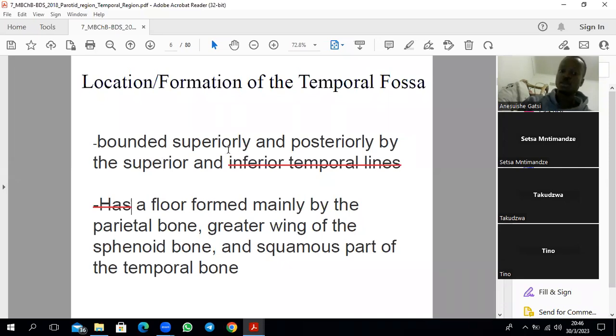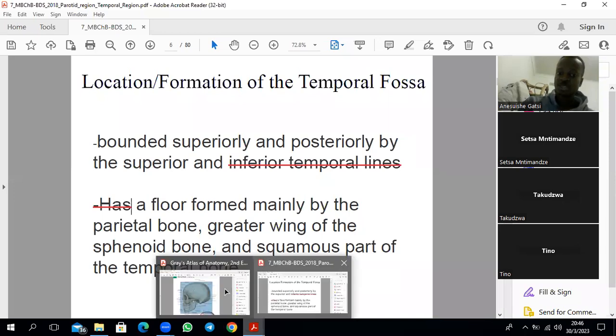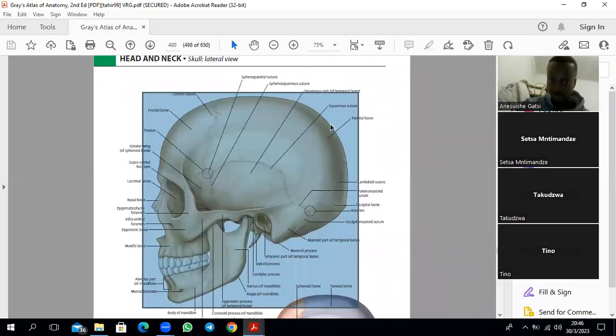And that superior boundary is also the posterior boundary, for this reason: these are the temporal lines here. Can you see that they also go posteriorly here? Can you see them, these ones? I'll assume that's a yes, if people are mute.